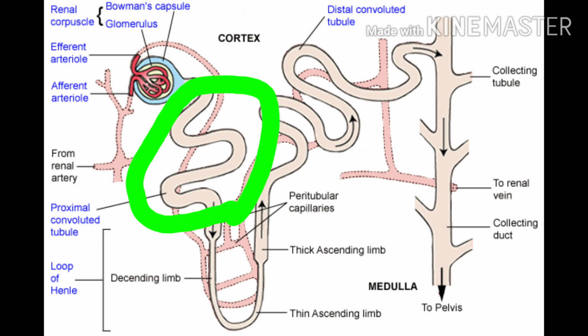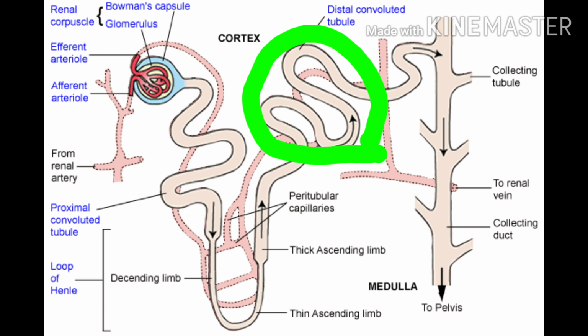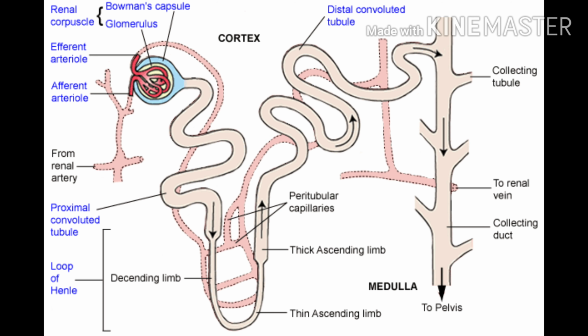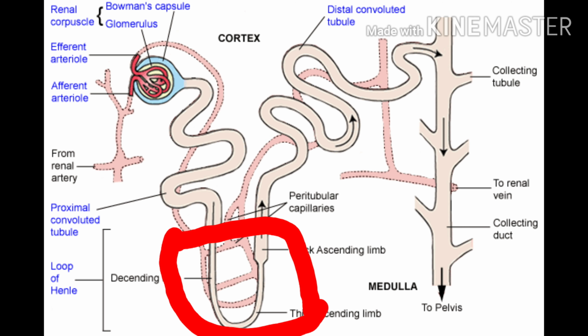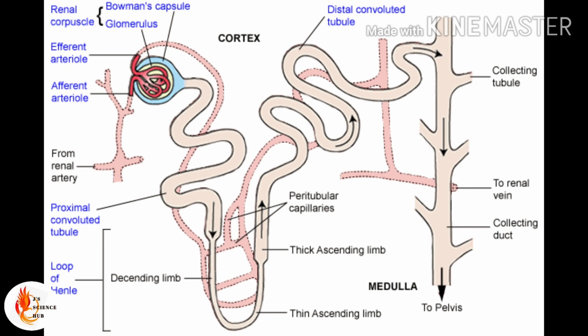One is the proximal convoluted tubule, which is immediately present after the Bowman capsule. The other one is the distal convoluted tubule, which is connected to the collecting duct. The loop-like structure is known as the loop of Henle, and it has two limbs: one is the descending limb and the other is the ascending limb. Okay, so now you clearly understand the structure of the nephron, right?